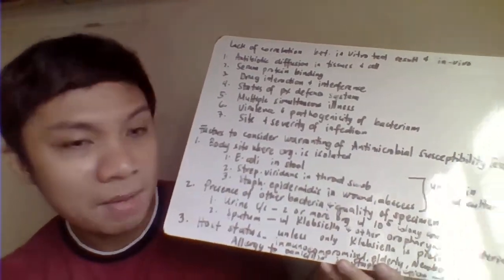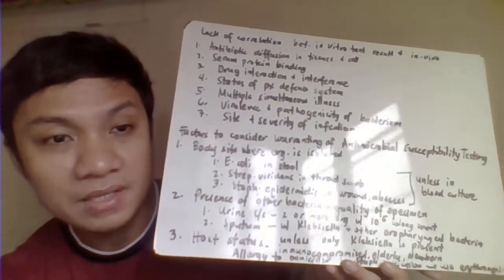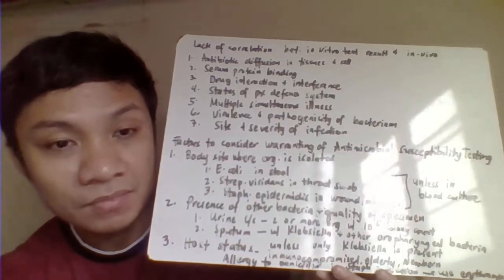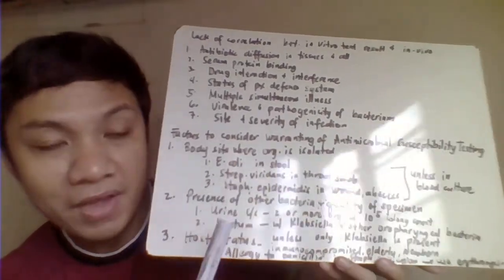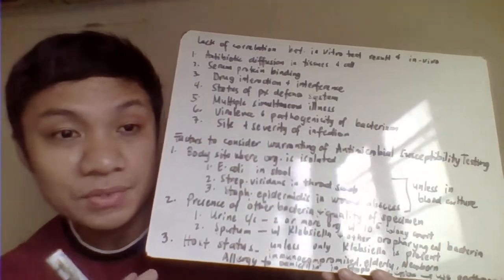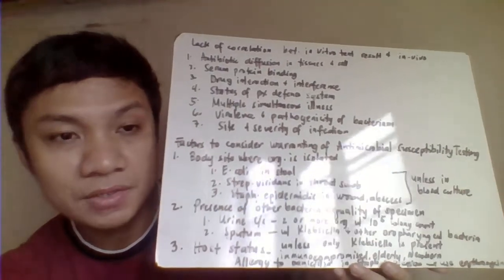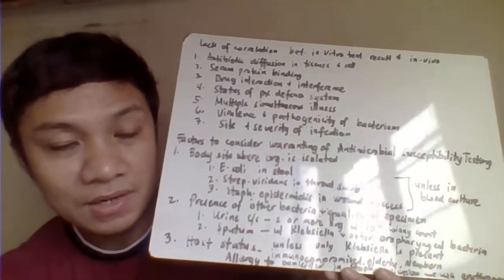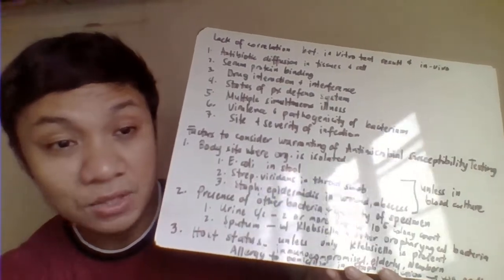Another one, your strep viridans, they are normal inhabitant of your oropharyngeal or oropharynx. So, your throat swab with a strep viridans, the presence of your strep viridans in your throat swab is normal. Another one, staph epidermidis, usually found in our skin. So like if your specimen is wound or even abscess, so normally andun sila.